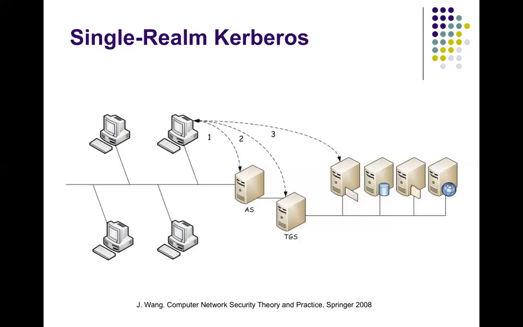And then AS, after authenticating Alice, will issue a TGS ticket to Alice. And when Alice wants to use one of these services, for instance, let's say she wants to send an email, then she will make a request to the TGS server, indicating that she wants to send email.